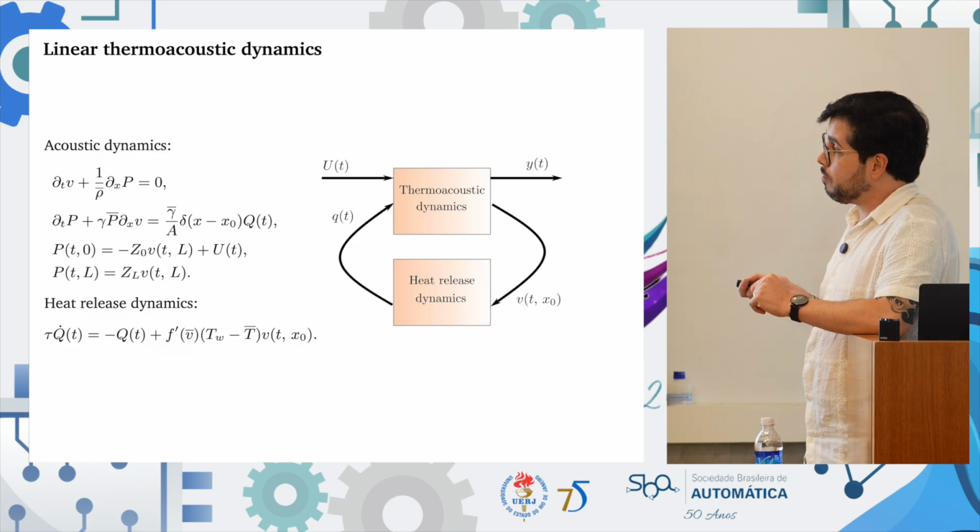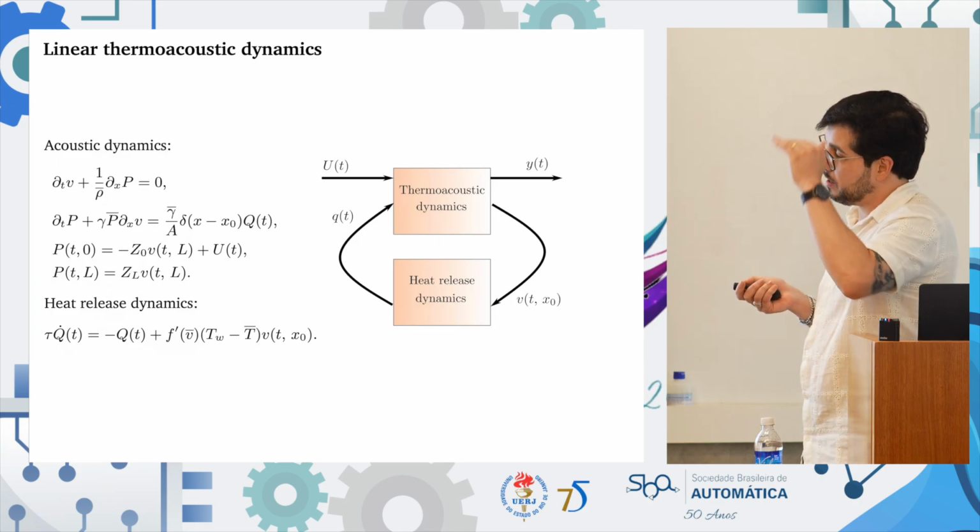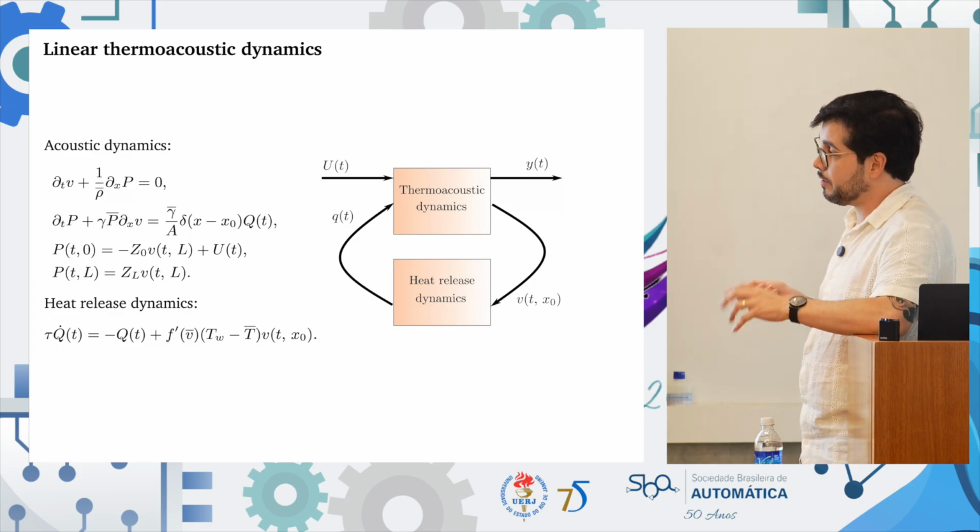These two equations are well posed by including the boundary conditions, which represent the open tube. Basically, at the bottom boundary we have the relation between pressure, velocity, and the actuator, and at the upper boundary we have only the relation between pressure and velocity.